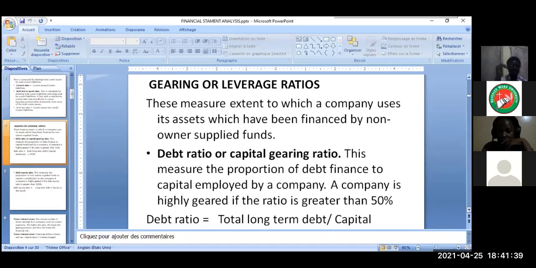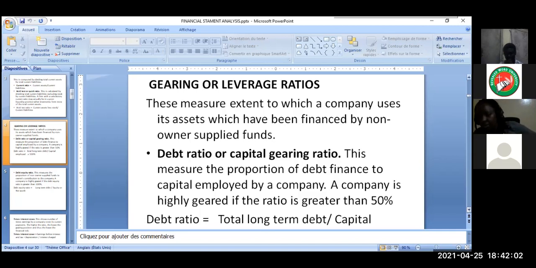And also we need to know all the elements within current assets, non-current assets, current liabilities, non-current liabilities. So if you can remember very well, where do we find in the balance sheet the total long-term debt or long-term loan? In the non-current liabilities. Non-current liabilities. Thank you so much.